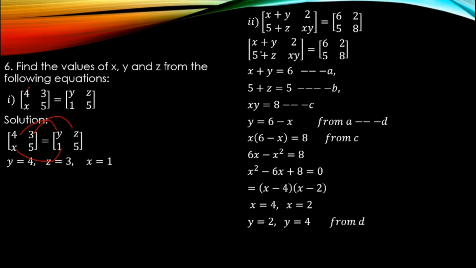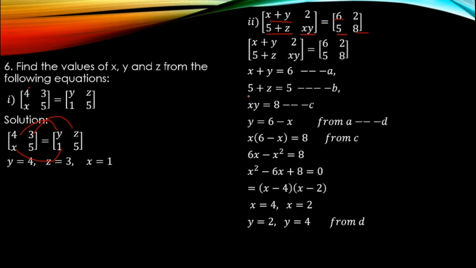I guess I need not go for this also. Let me go for this one. x plus y, the order is the same, so we can proceed. x plus y equal to 6. Then next is 5 plus z equal to 5. xy equal to 8. Finding the value of z is not a difficult task.